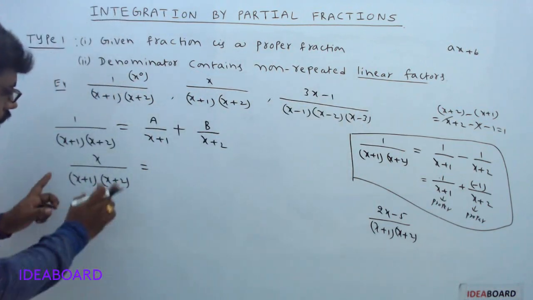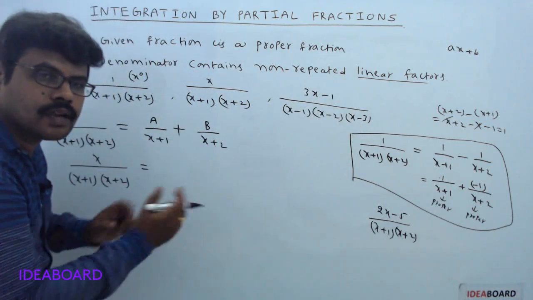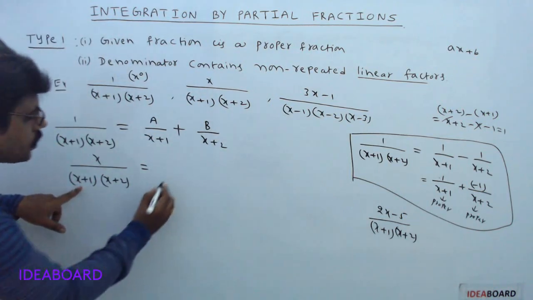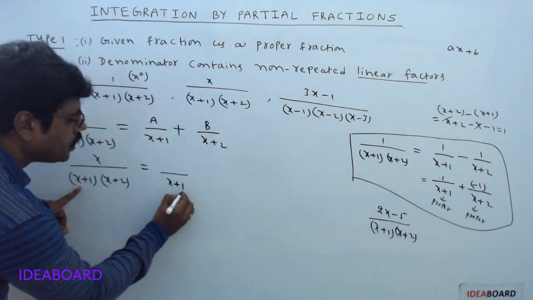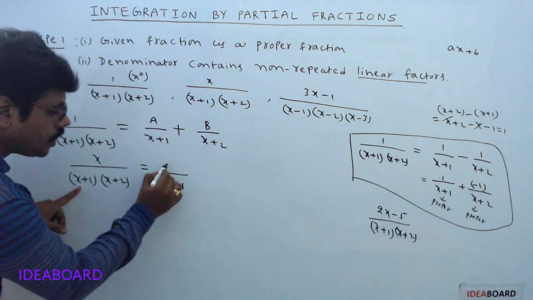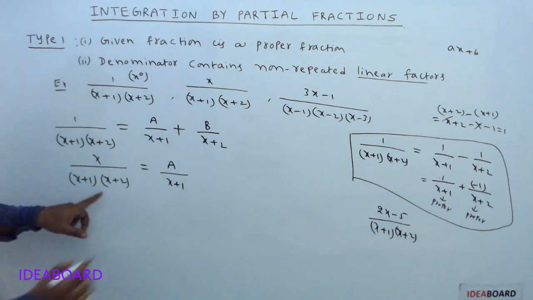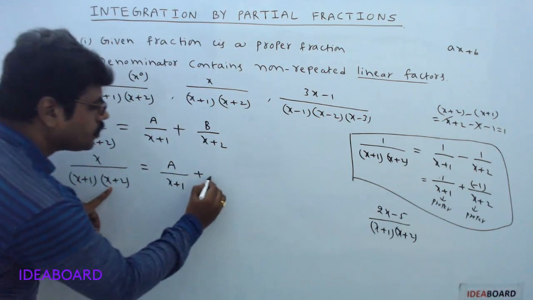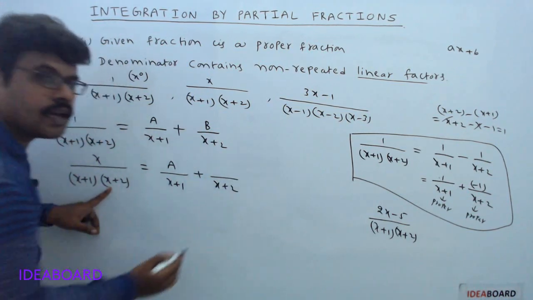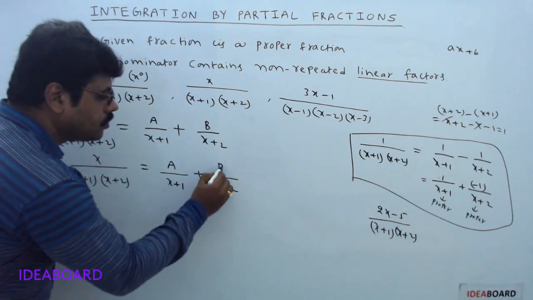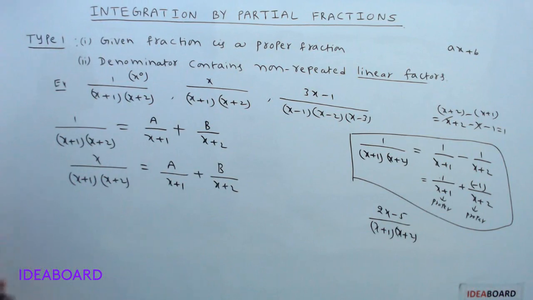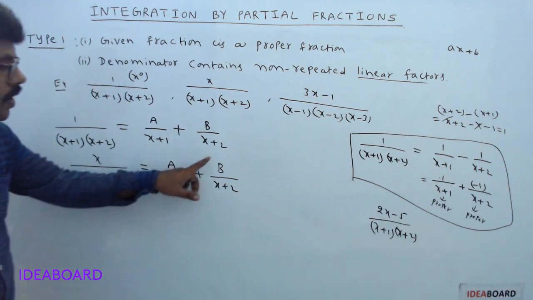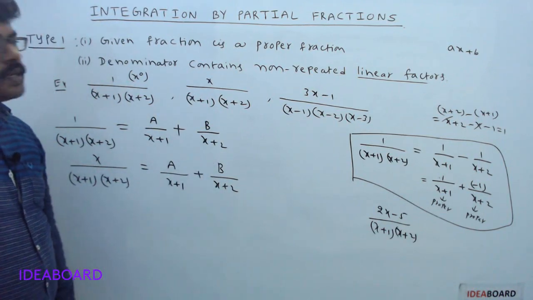Now, how to resolve this fraction into partial fractions? Corresponding to this non-repeated linear factor, you can write down a constant term in its numerator, plus corresponding to this non-repeated linear factor, you can write down a constant term in its numerator. So, the partial fractions are a by x plus 1 plus b divided by x plus 2.